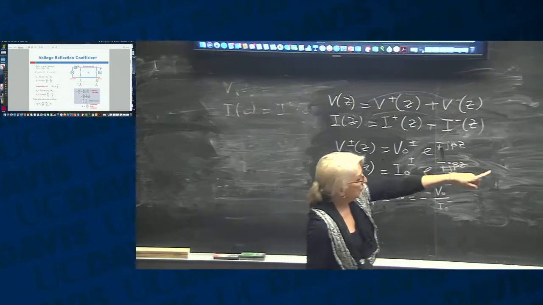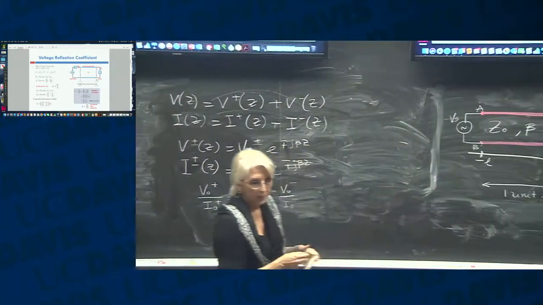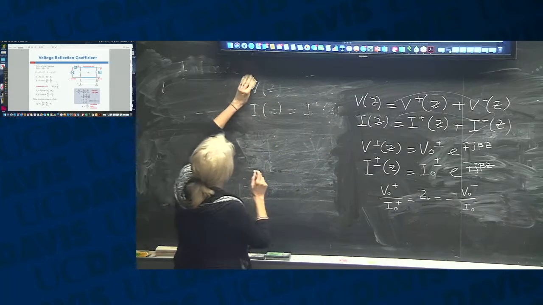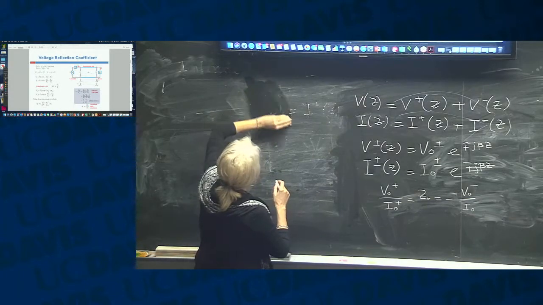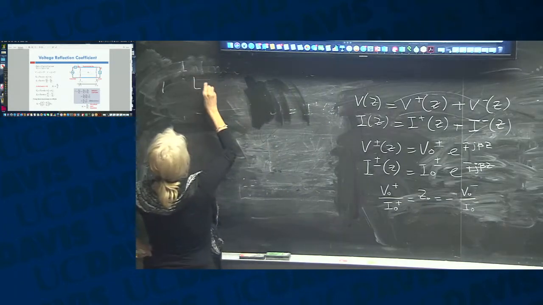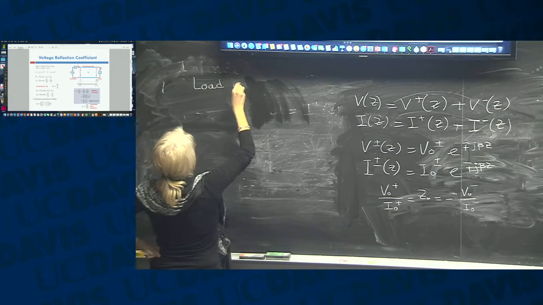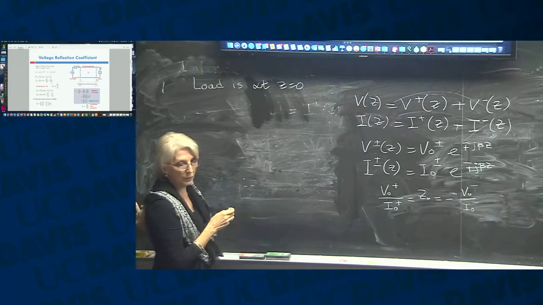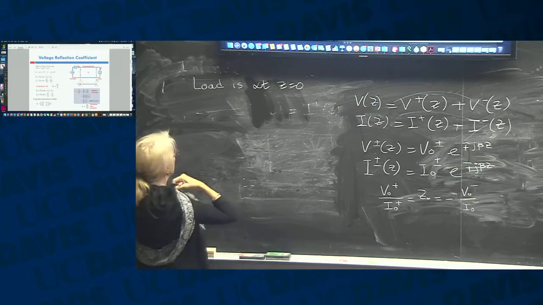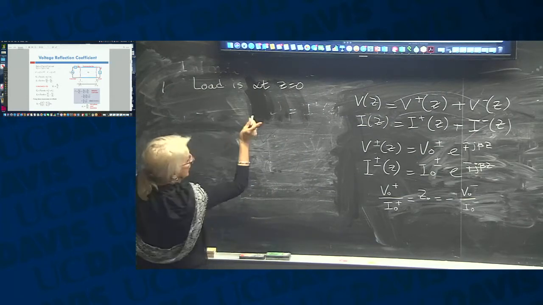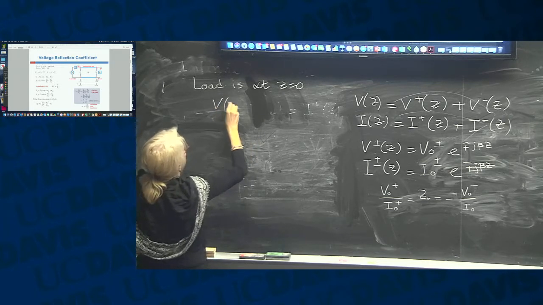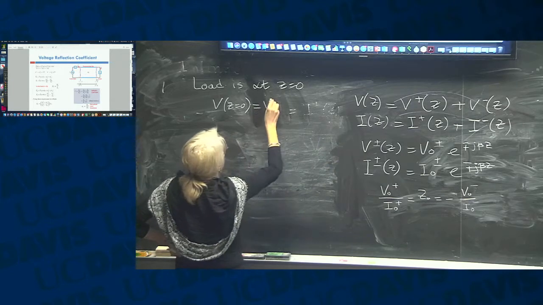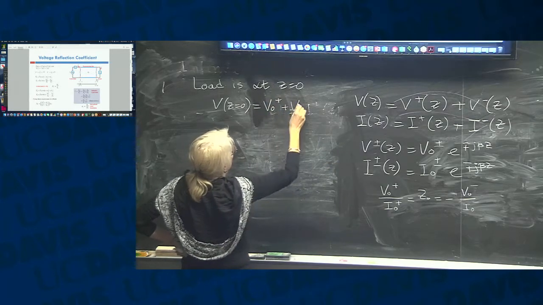The fact that we have a load at the end, what does it say? That the total V at the end of the line, which is equal to 0, so the load is at z equals 0. Okay? What does that mean? That V at z equals 0 is going to be V naught plus V naught minus.